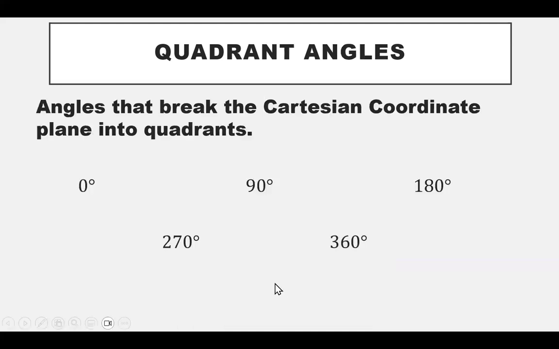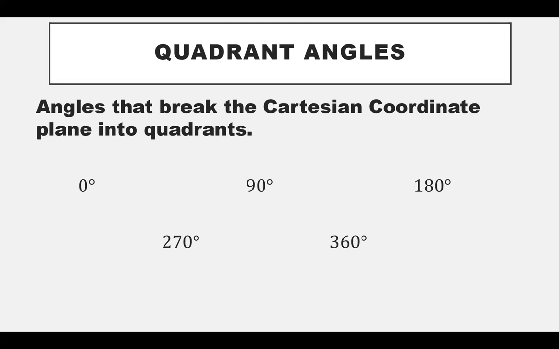Those quadrant angles are 0 degrees, which we could convert into radians. 0 degrees is the same thing as 0 radians. 90 degrees, and earlier we saw 90 degrees is a quarter turn.